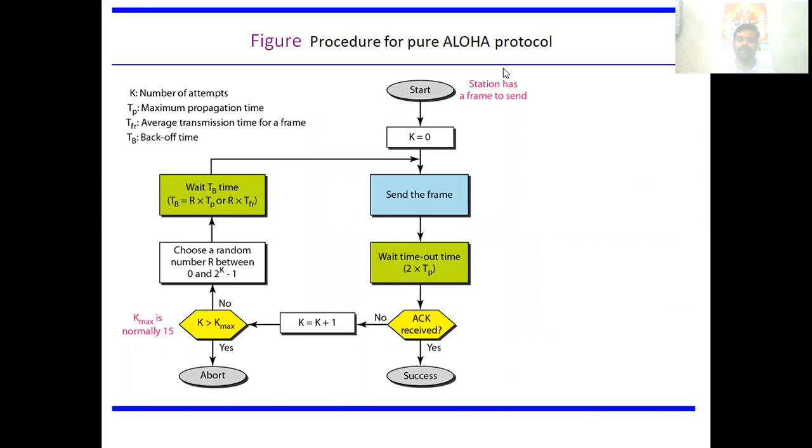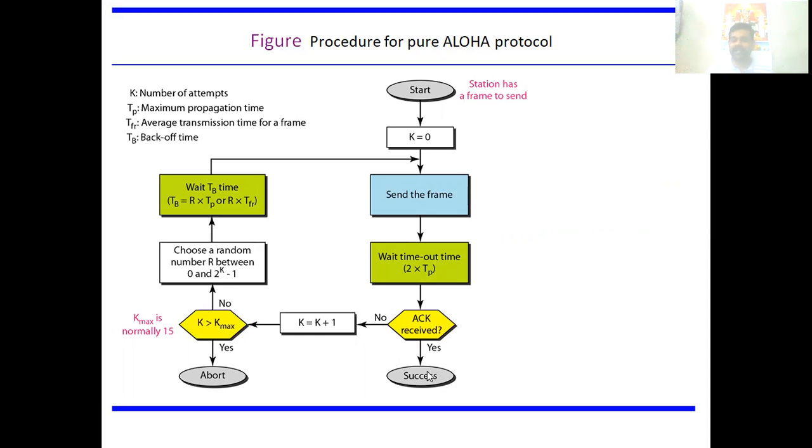So this is the procedure for pure Aloha. First, the station has some frame to send. It first sets K equal to 0, that is the first attempt. Then it sends the frame. After sending, it waits for a time of 2 times TP, where TP is the maximum propagation time. After that, it waits for an acknowledgement.